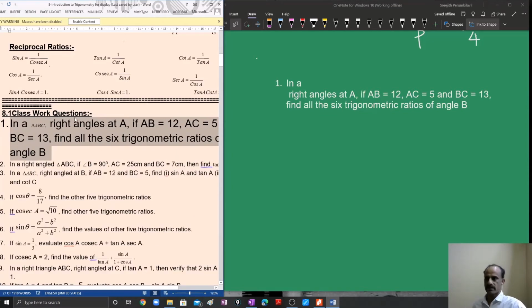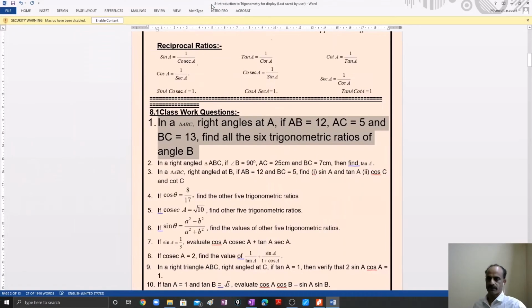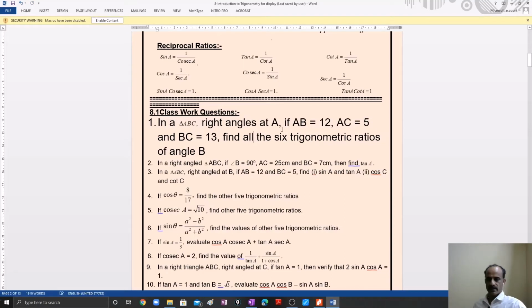We can read the question itself. In triangle ABC, right angled at A, if AB is 12, AC is 5, BC is 13, find all the trigonometric ratios.